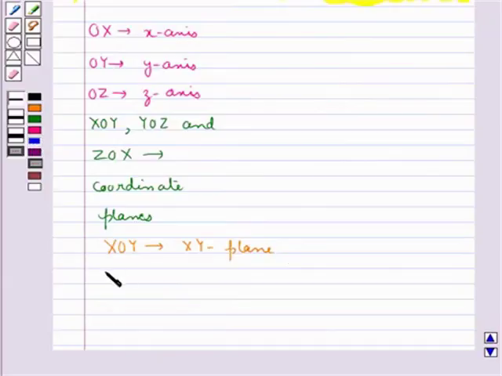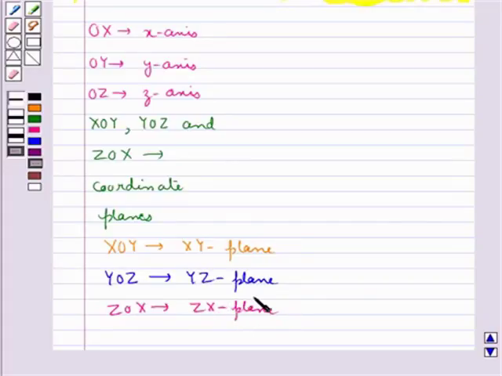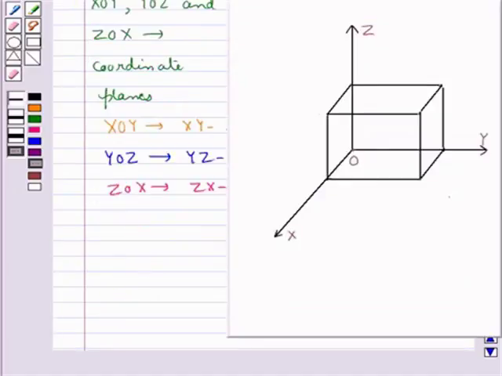Then YOZ plane is YZ plane and ZOX plane is ZX plane. So these are the three coordinate planes. The three coordinate planes divide the space into 8 parts called octants.